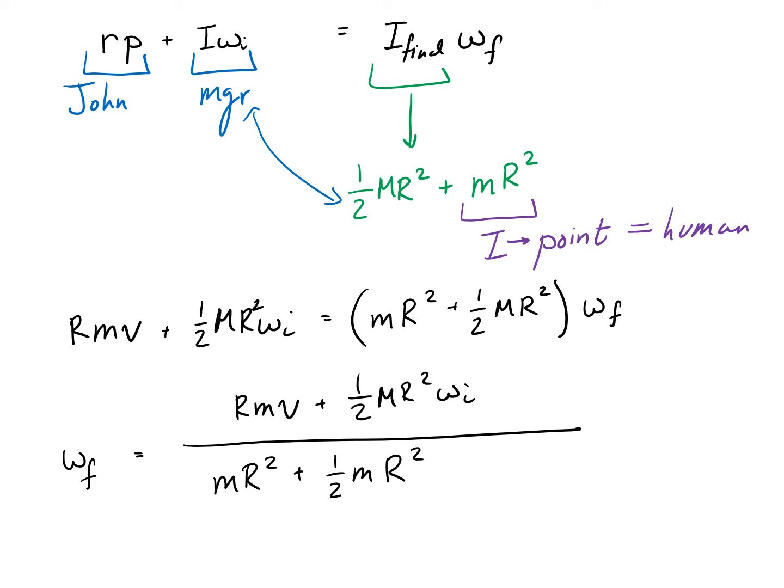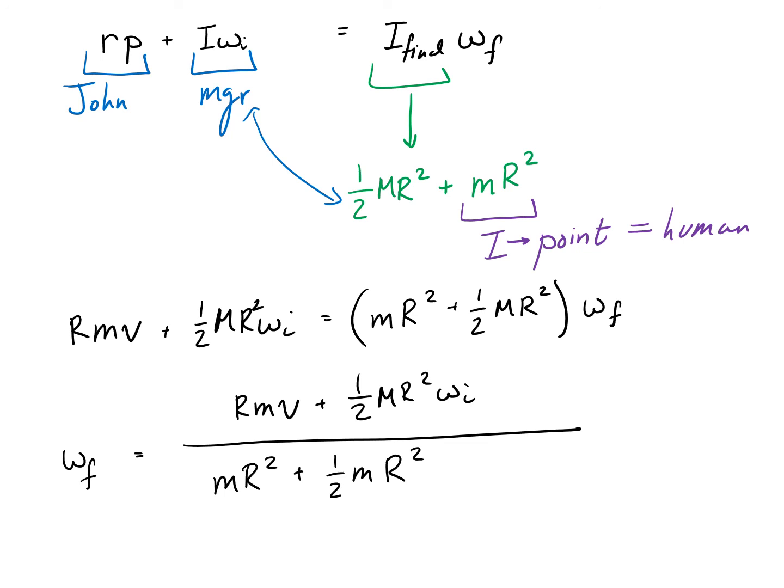We dropped the sine beta part because he was running tangent. So beta is 90 degrees. Sine of 90 is 1. So it's just RP. For the merry-go-round, we have an initial angular momentum because it's spinning. So with that, we're using I omega because we're spinning through the middle of our merry-go-round.